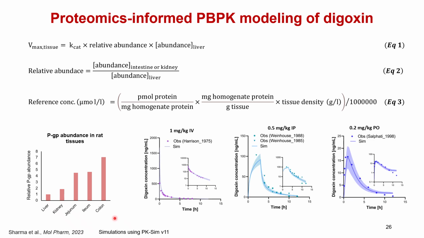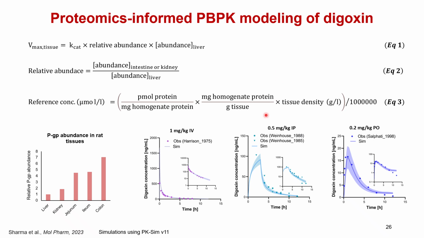First, the IV disposition model was built and verified against the observed data in rats. Then the same model was used to predict the drug concentrations, drug exposure following an intraperitoneal administration and the per oral administration of digoxin.